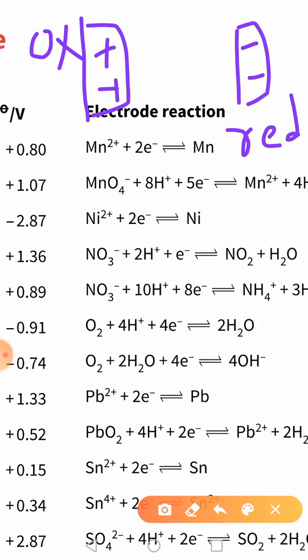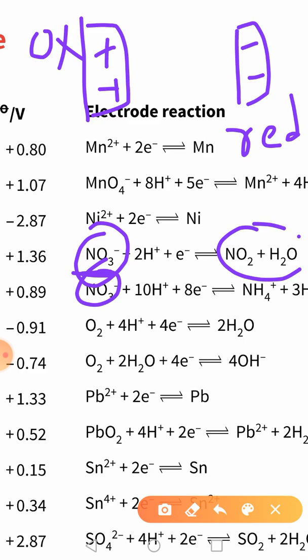Now look at nitrate. Here we have nitrate, and here is a neutral form of the reaction, NO2 and H2O, but here is no neutral form, so we won't take this, we will take this, okay.